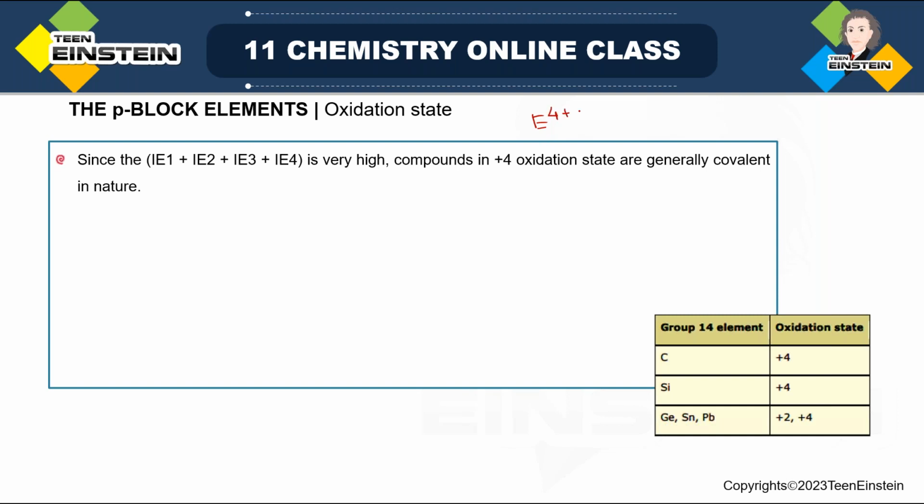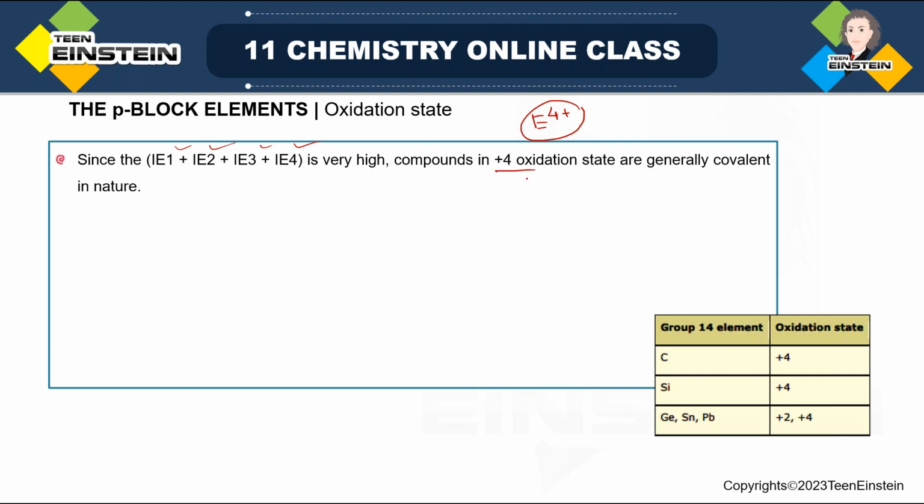If you want to get a free ion like this, then you have to provide all these ionization energies. Now, if you take the summation of all these ionization energies, it will be very high, right? So that is the reason a free ion like this is not very common. It is not possible because the energy requirement is very high.